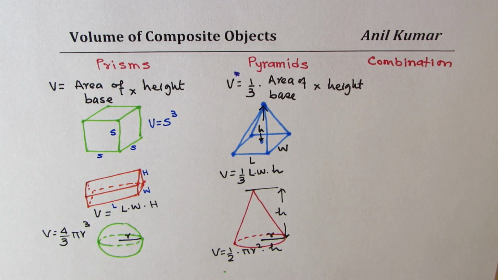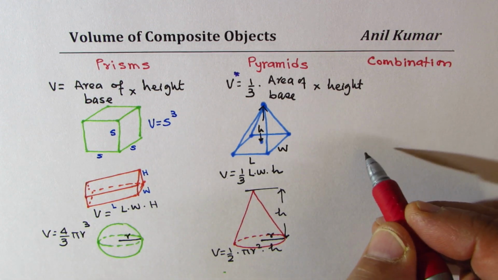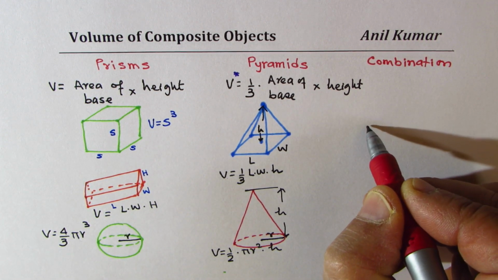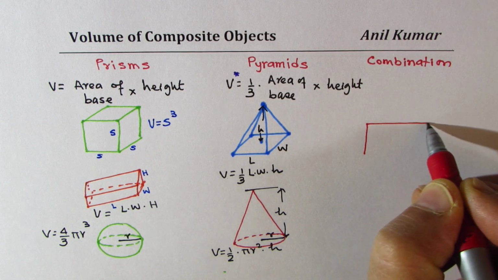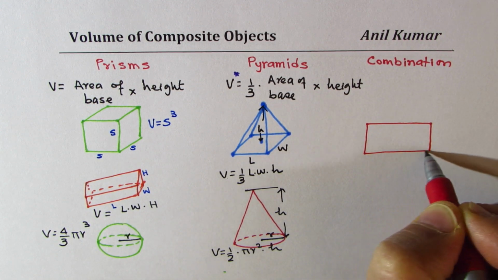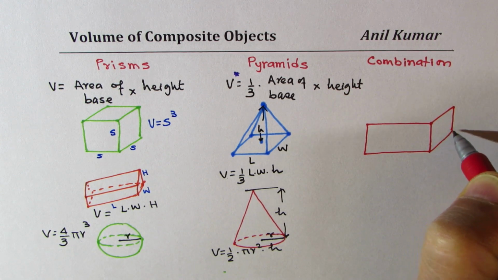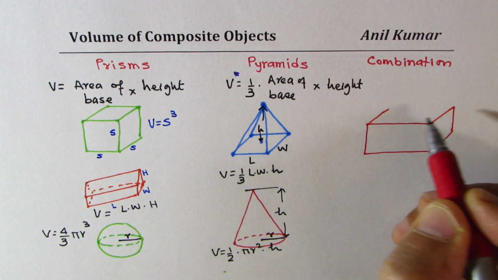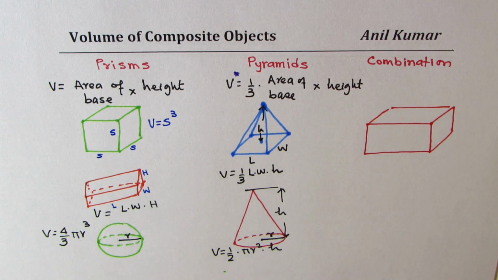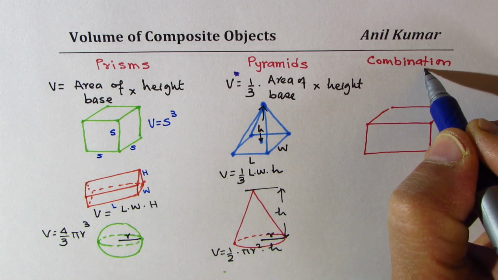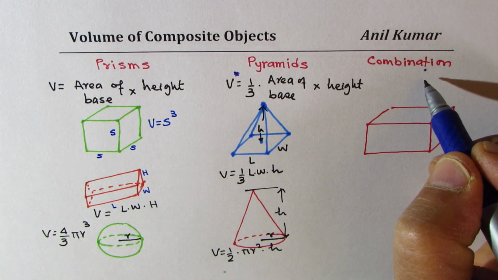To begin with, let's take a combination with, let's say, a prism here. And on top of it, we can place a pyramid, right?